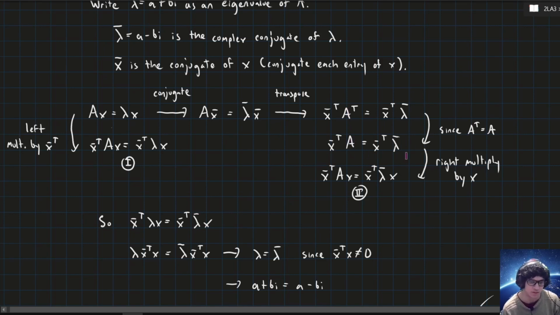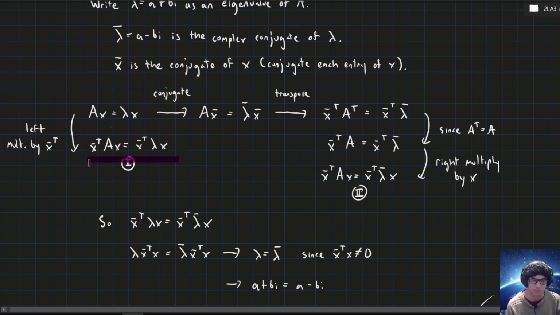Now I notice that I have this equation, and it's very similar to this equation here. If I wanted to make them as close as possible, what I need to do is right multiply by x. So I do that, and I get this equation, and so I have these two equations.